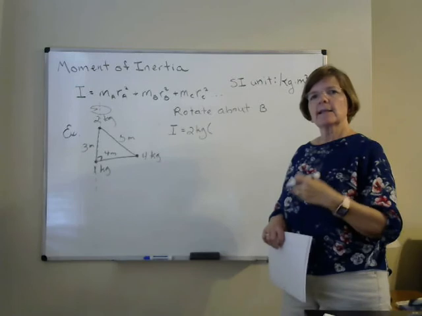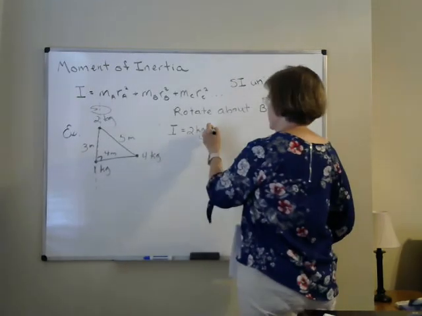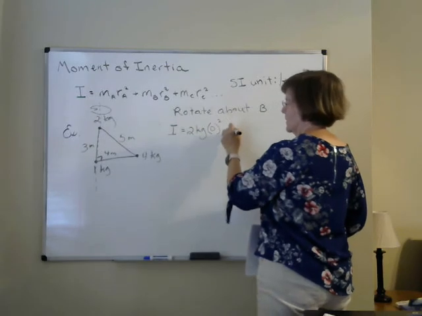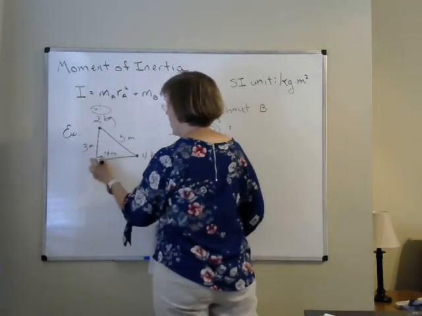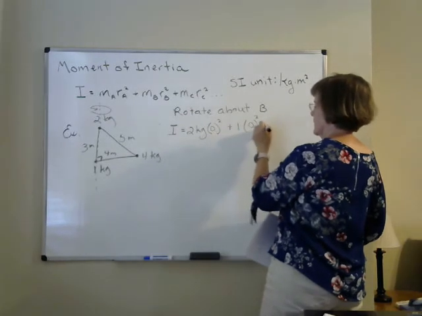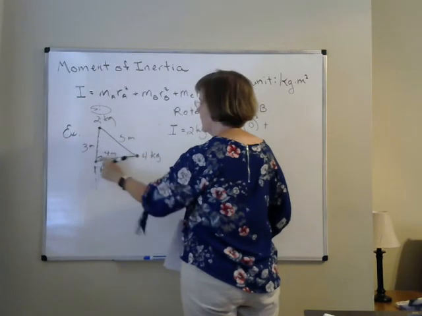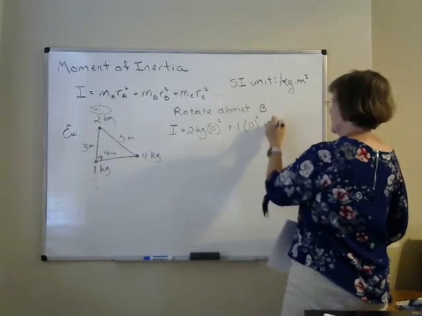The point that is on the axis of rotation actually has a moment of inertia of 0. The same for this point down here. It's on the axis of rotation. And then finally, this point is 4 meters from the axis of rotation.